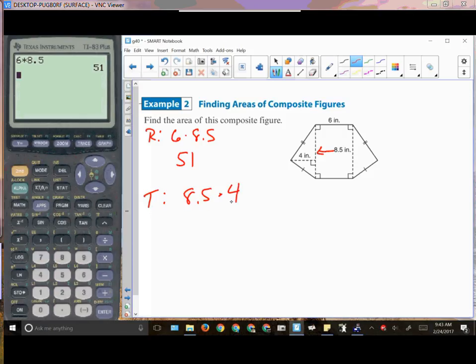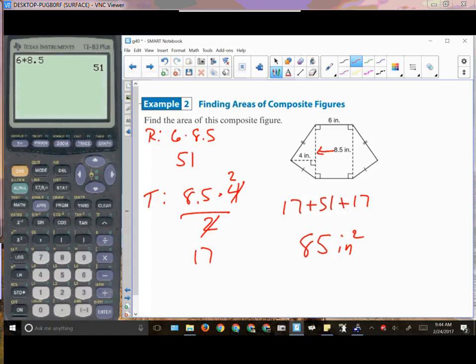Multiplied by the height of 4 divided by 2, correct? 2 goes into 4 2 times, so that means that I would end up with 17. So that would be 17 plus 51 plus 17. Does that work? Okay, so that means that I end up with 85. We're in inches, so that would be inches squared.